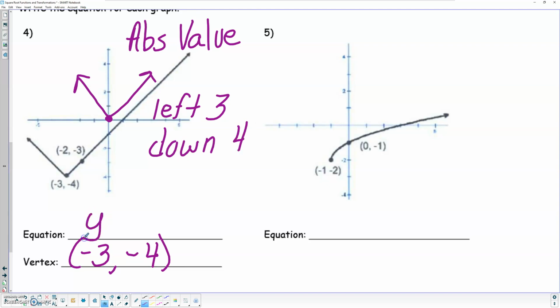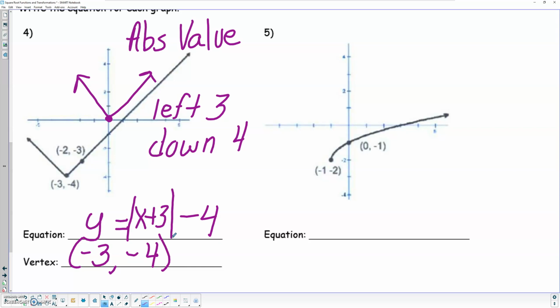Okay, so my equation, to go down 4, we subtract 4 at the end, and to shift left 3, we're going to add 3 inside the function's argument. So you should have x plus 3 inside of those absolute value bars.